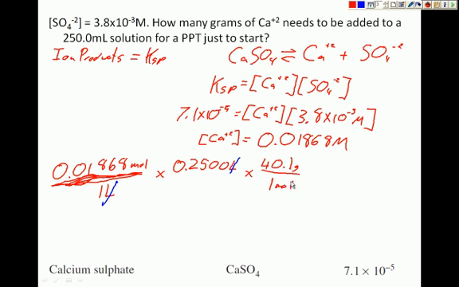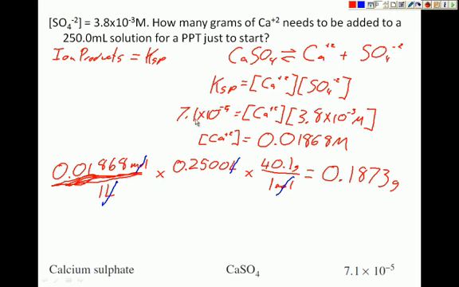And what we see here is, well, moles cancels with moles, and so we're left with grams of calcium. And if we do this calculation, we should come up with a number like 0.1873 grams of calcium.